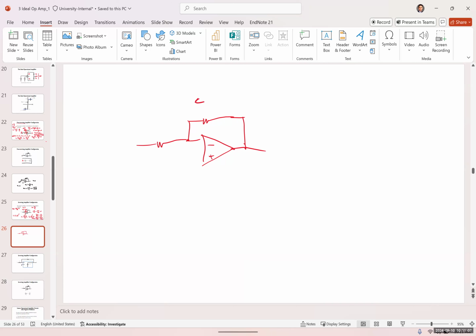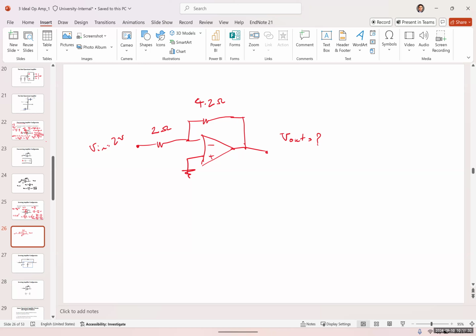This is 4.2. This is 2. Vn is 2 volts. This is connected to the ground. How much is V out? So Vn is 2 volts.